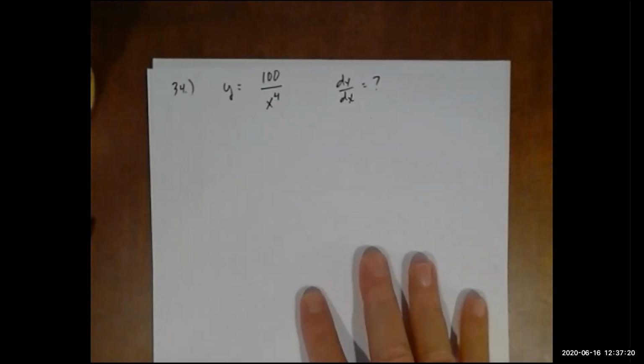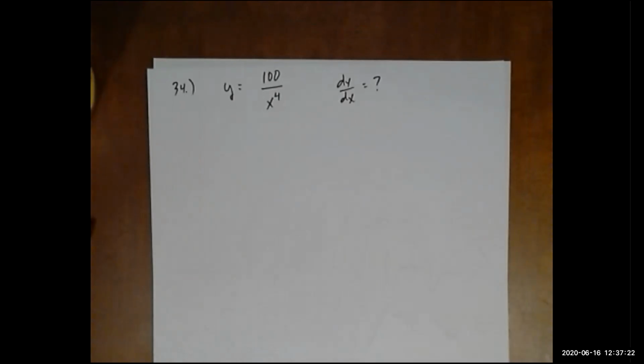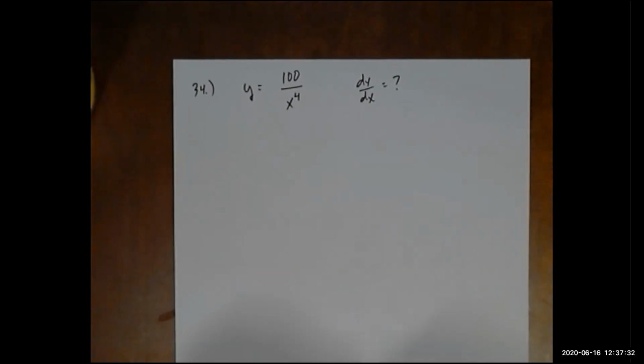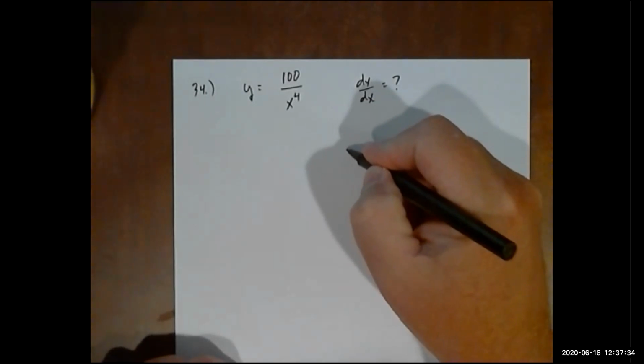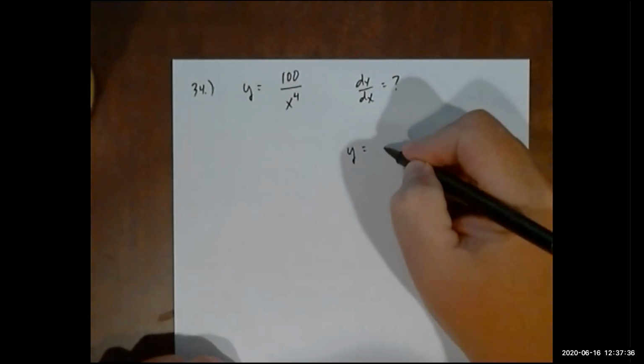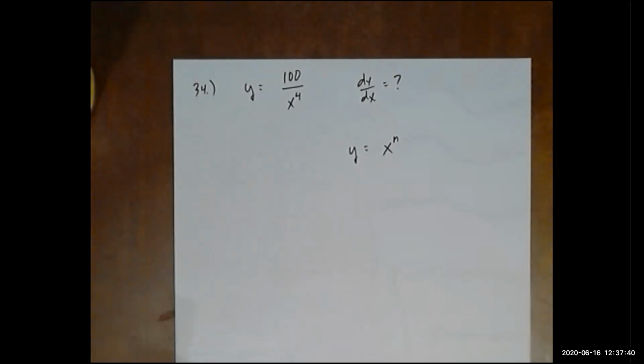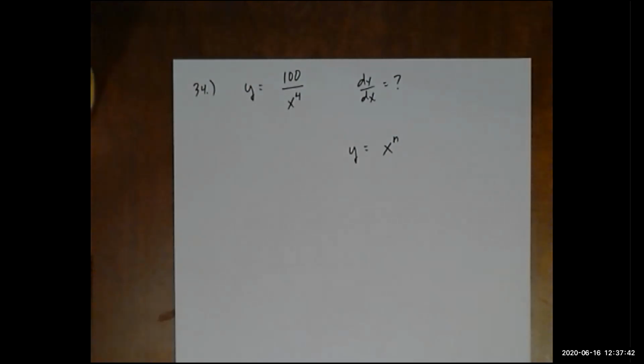One of the first rules we learn when we learn how to take derivatives is called the power rule. The power rule is when you have a variable with an exponent where the exponent's a number.